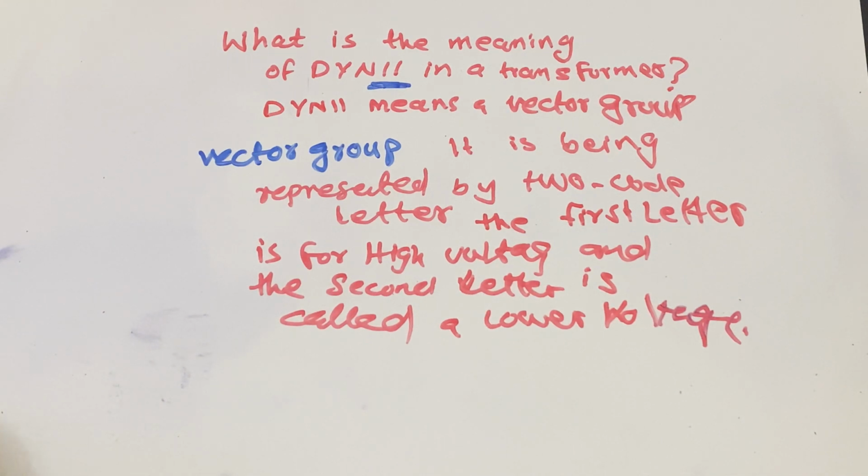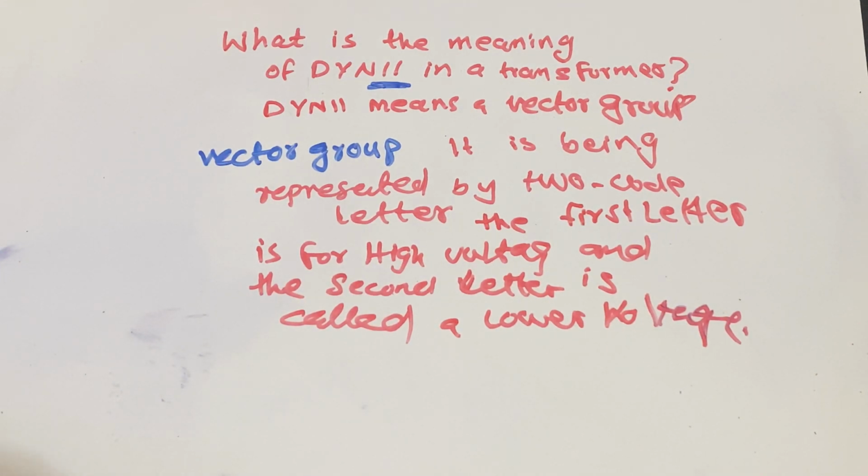When I completely explain this topic, then you will understand what is high voltage and what is low voltage. I will draw the circuits and I will draw the phasor diagrams of currents and voltages. Then you will understand this concept.